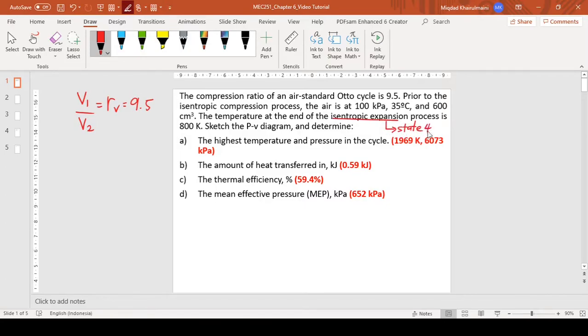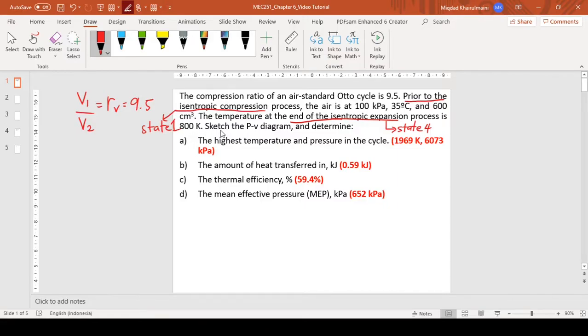Prior means before, so the first is state 1, prior to the isentropic compression process. The second one was at the end of the isentropic expansion process, so state 4 is 800 degrees Celsius. So this is the temperature at state 4.